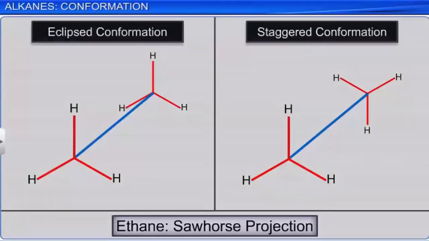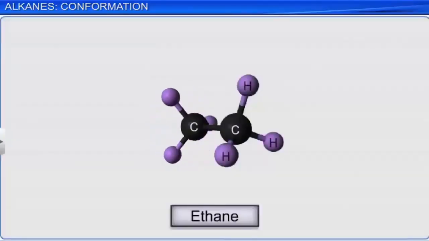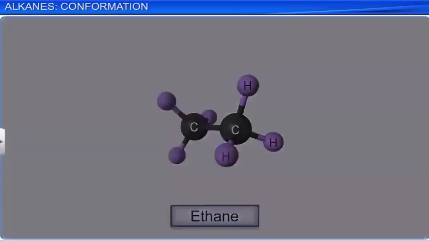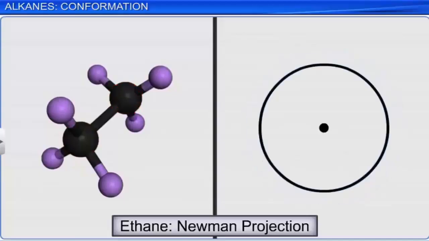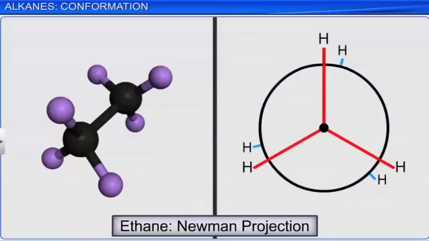In Newman projection, the carbon-to-carbon bond conformation is viewed head-on, that is, front to back. The carbon atom at the front is represented as a dot and the carbon atom at the back is represented as a circle. The hydrogen atoms attached to the carbon atoms are shown by lines.